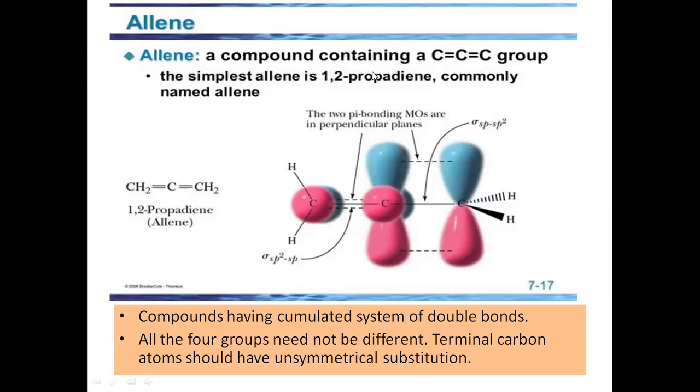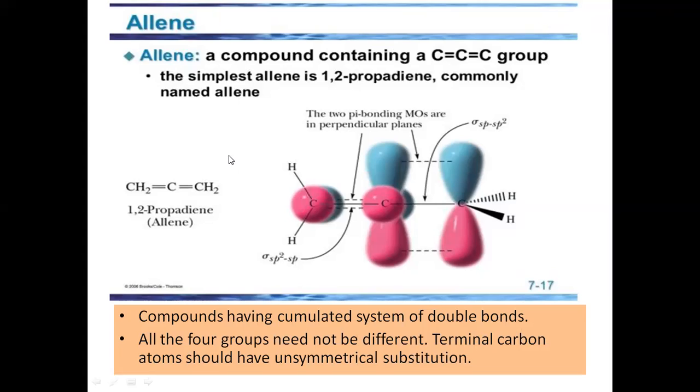See, there is no need that all the 4 groups should be different. The terminal carbons should have the unsymmetrical substitution.